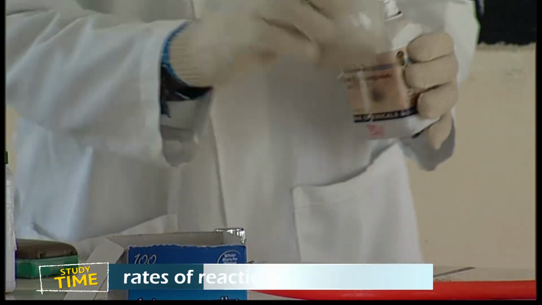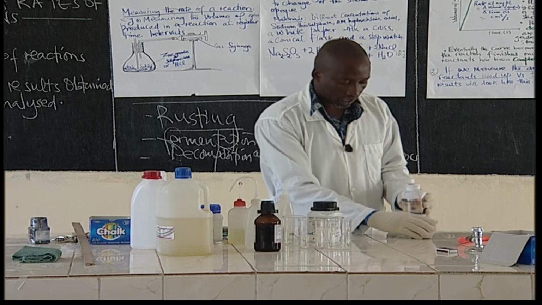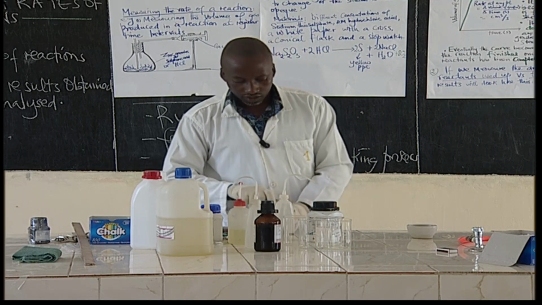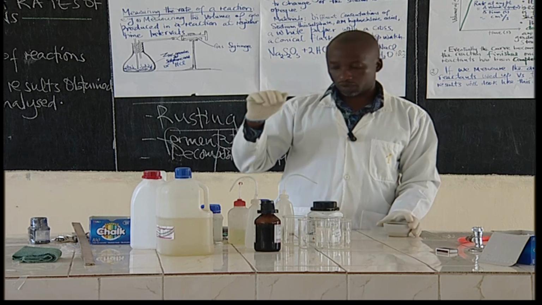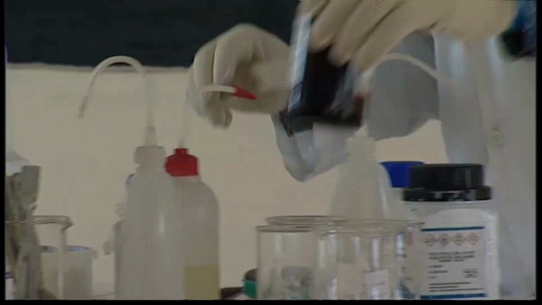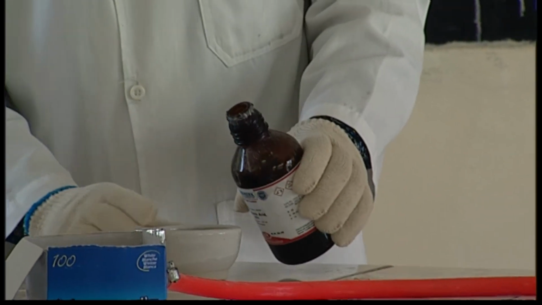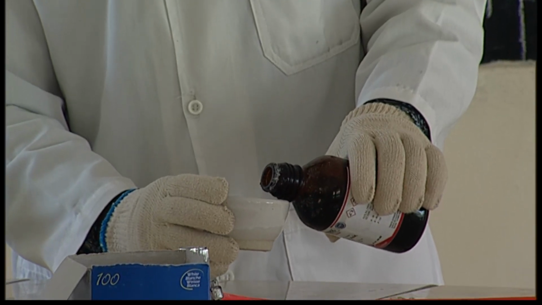So I'm just using this. This is clay because it resists too much heat, so it cannot easily break. That's why I'm not using the beaker. So I'm just going to add very little concentrated sulfuric acid. Just mix them together.